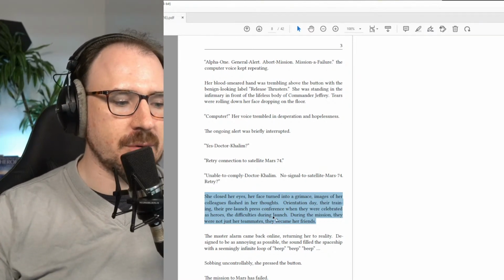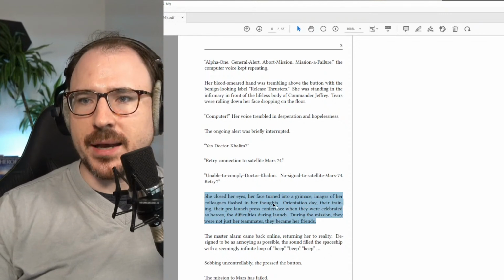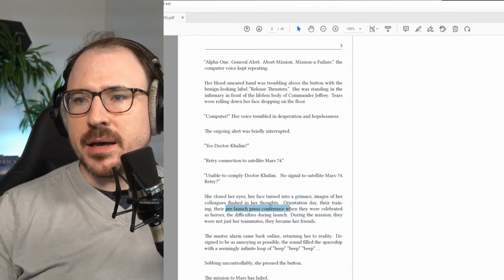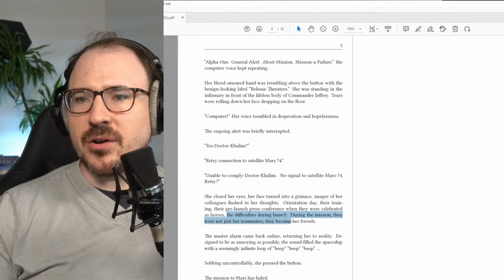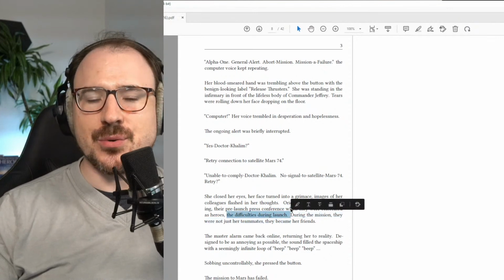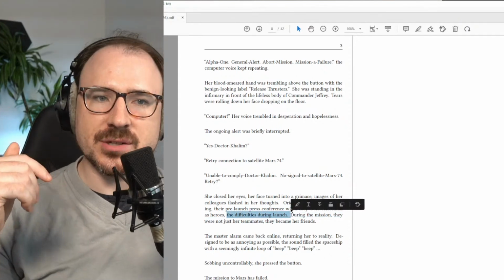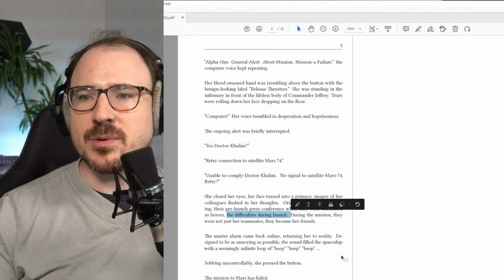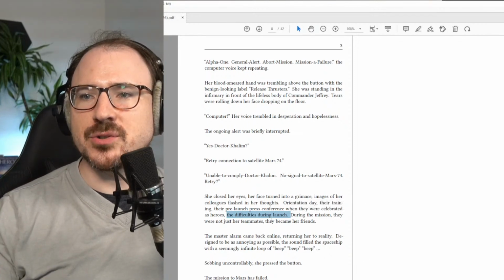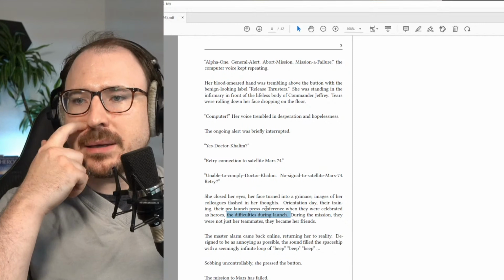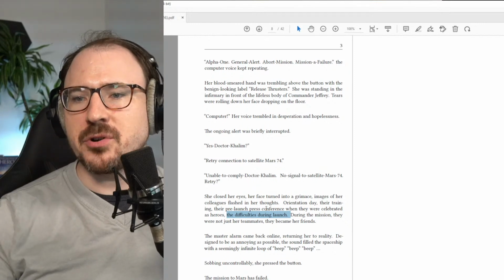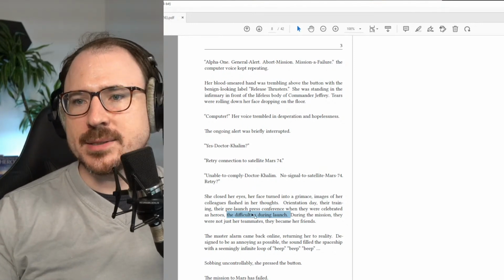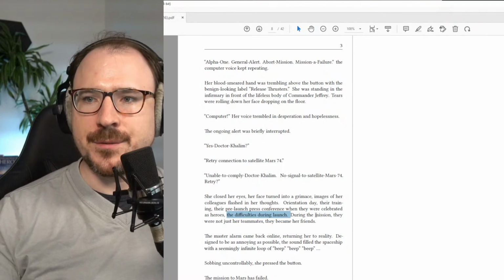That would be an option. Difficulties during launch are difficult to explain in this situation without looking back. So this would be something that we should bring up later, maybe during a debriefing back on Earth, where they talk about the difficulties during launch.